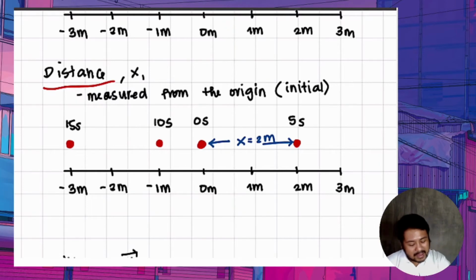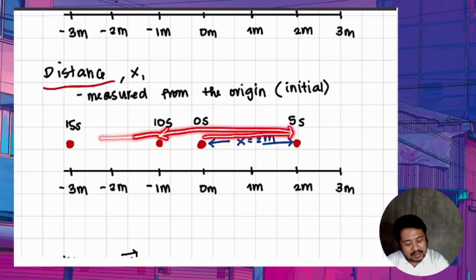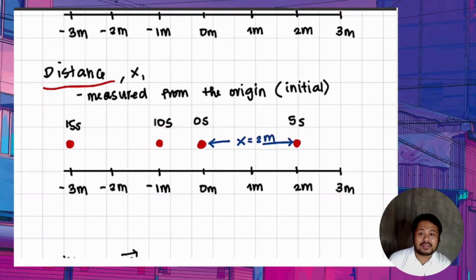So it should be measured going from 0 seconds, to 5 seconds, to 10 seconds, and then 15 seconds. It will not be just 3 meters, unlike our x at 5 seconds, that is 2 meters.